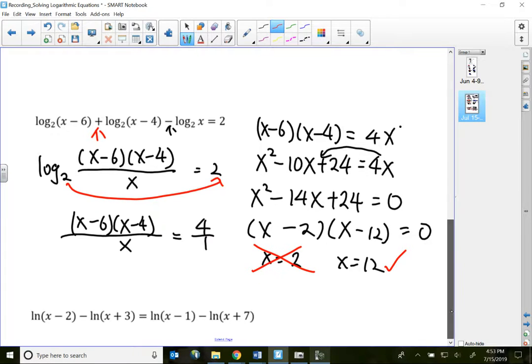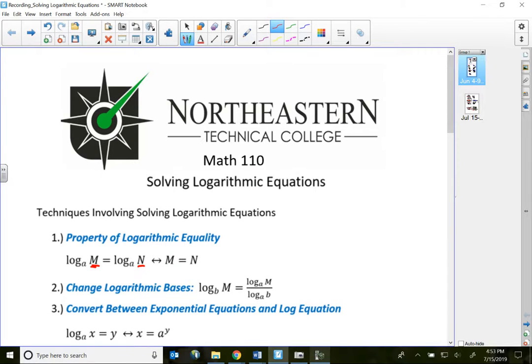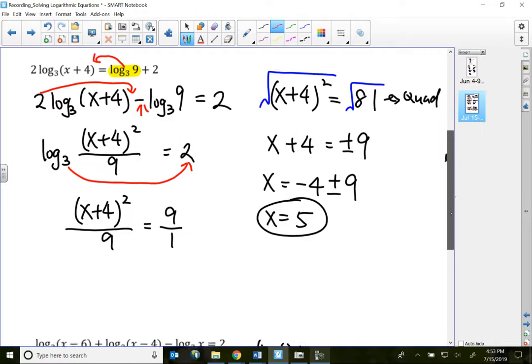All right. Now, this term is different from the previous 3 because every one of these terms has a natural log on it. So I can actually use the property of a logarithmic equality to help me solve.